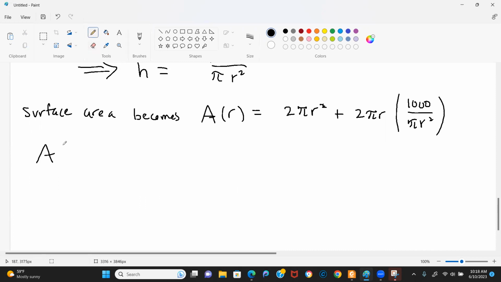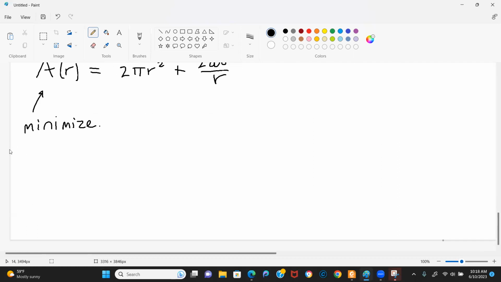So let me simplify a bit. It's going to be 2 pi r squared plus 2,000 over r. So now this is what we want to minimize. We want to minimize the surface area.